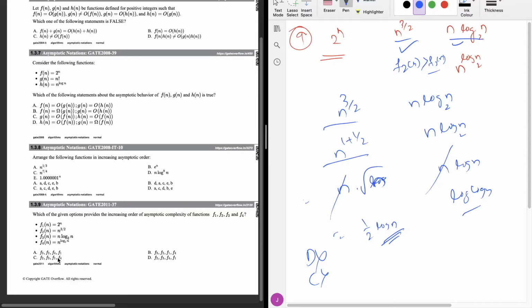While you are approaching any of these questions, try to look at the options. From the options only, you can get many ideas on how to solve the question, and you can save most of your time. We don't need to compare f2 and f4, or everything.